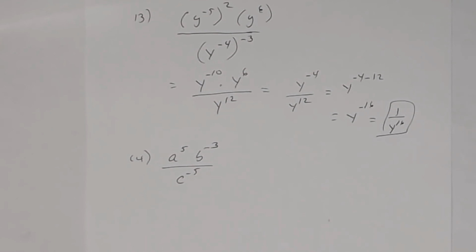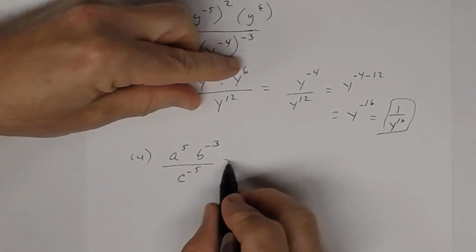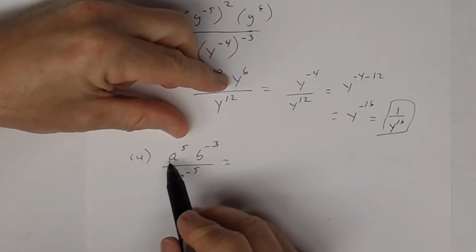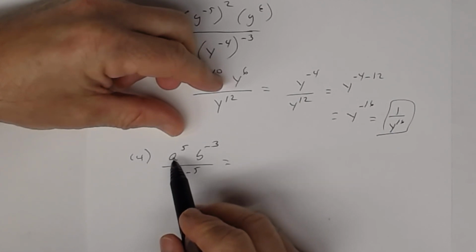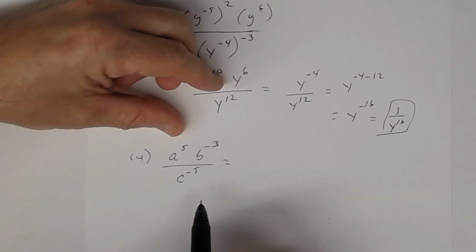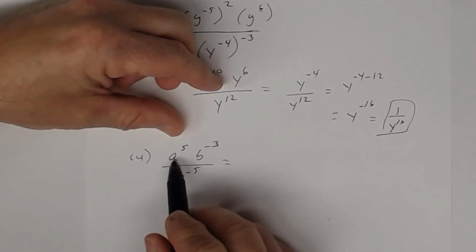The way I would do this is this way. I would look at what I have here. I have a to the 5th and b to the negative 3rd in the numerator, and I have c to the negative 5th in the denominator.